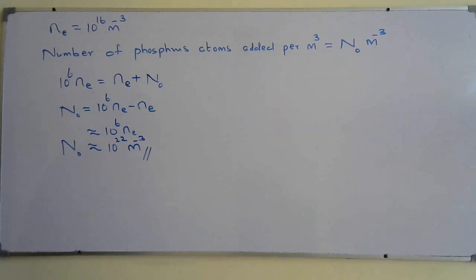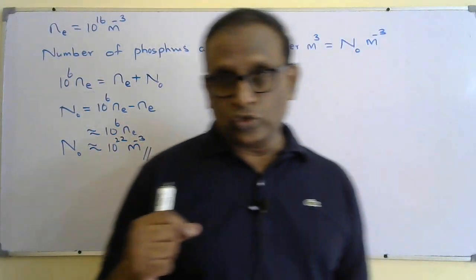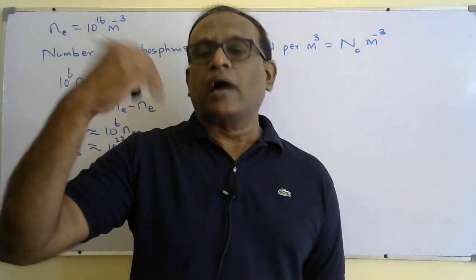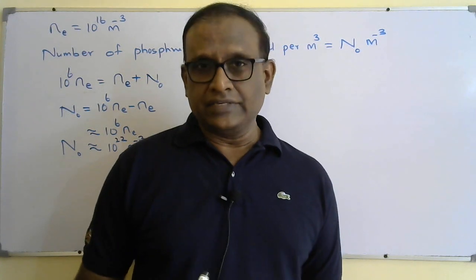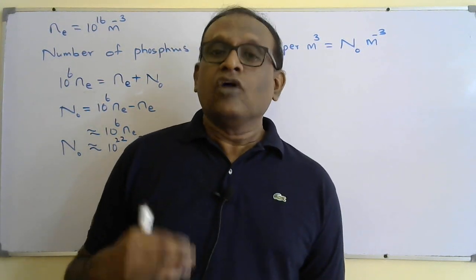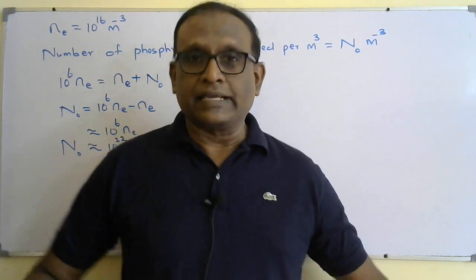Now we need to find how many silicon atoms are in 1 meter cube in an intrinsic semiconductor. So we know density equals mass over volume. Density is given. Molar mass is given. So we can find what could be the volume of 1 mole of semiconductor.